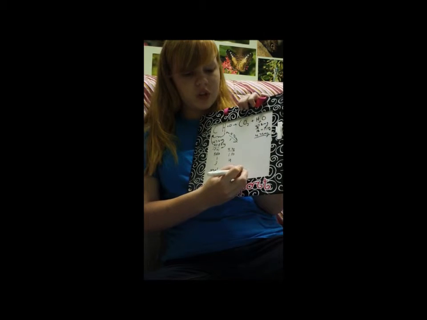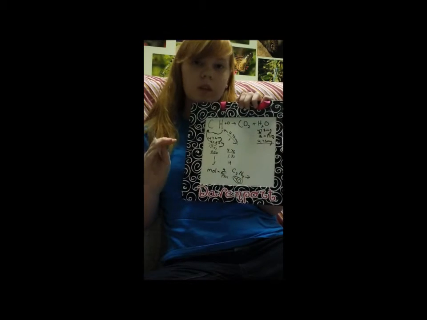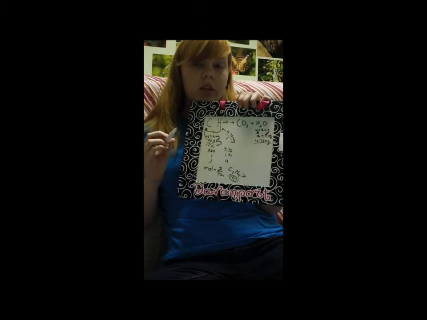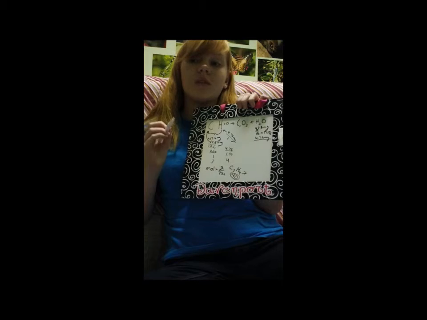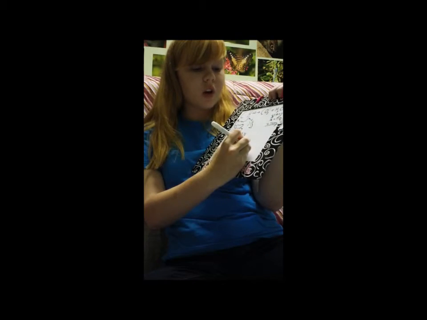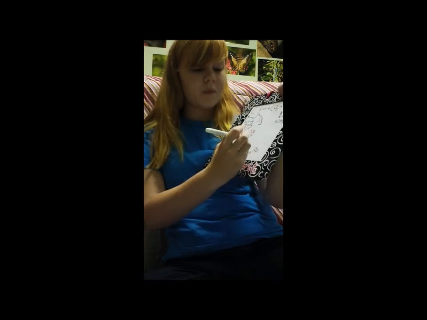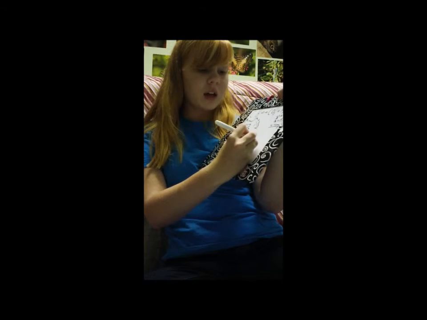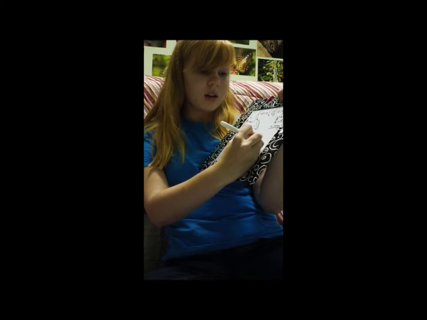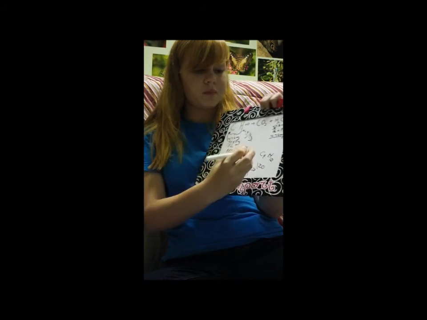Now, since we want to change it to the molecular mass, we have to find some number between 115 and 125 that 40 is divisible by. And that number is 120. 40 can go into 120 three times. So for the molecular formula, we will multiply C3H4 times 3. So that is C9H12.